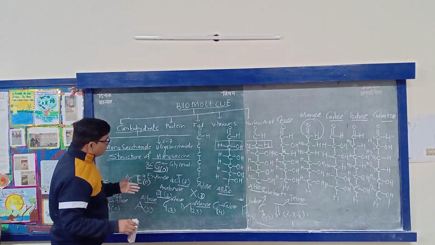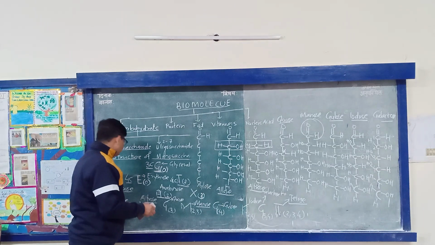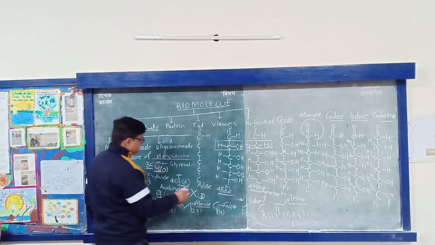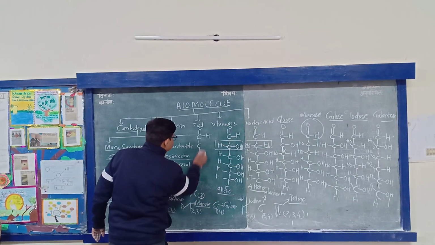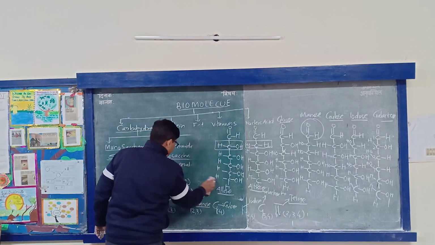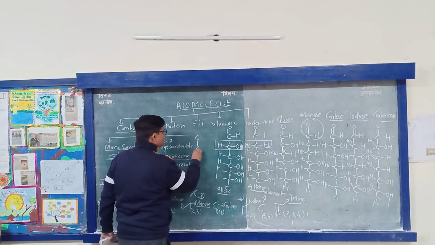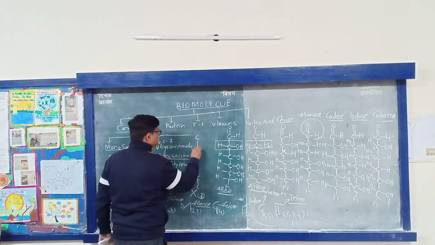Okay. Now one monosaccharide is left, that is tetroses. If you draw the chemical structure of that, you have to draw the carbons. Simple. 1, 2, 3, 4.